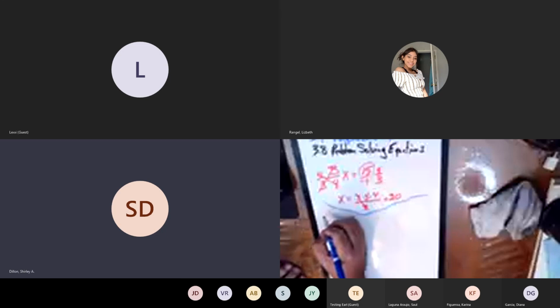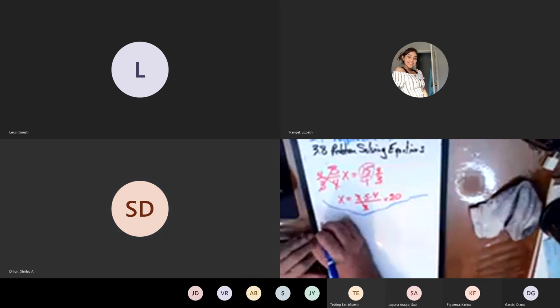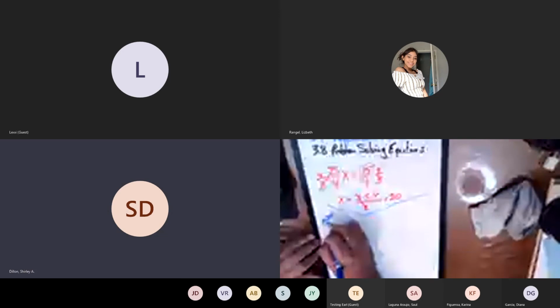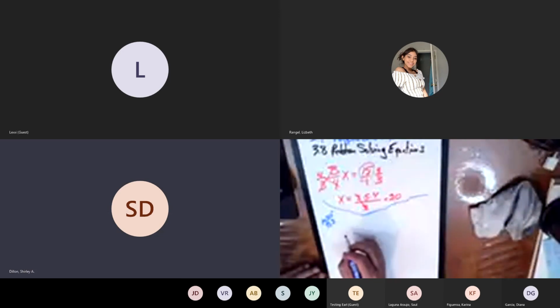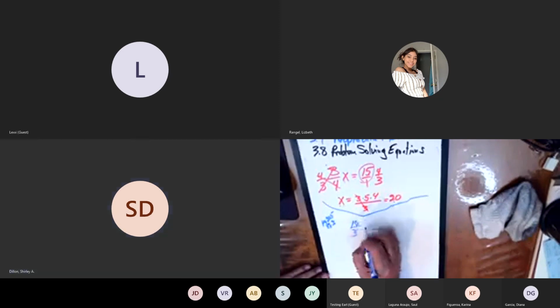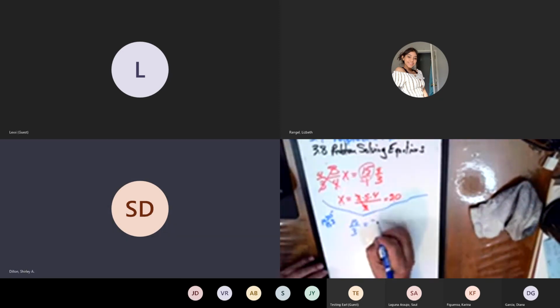Okay, this is example number 3 on page 205 in the textbook. It's going to be different than your video, different than the PowerPoint. 10/3 is equal to the opposite of 4/9, or -4/9 x.